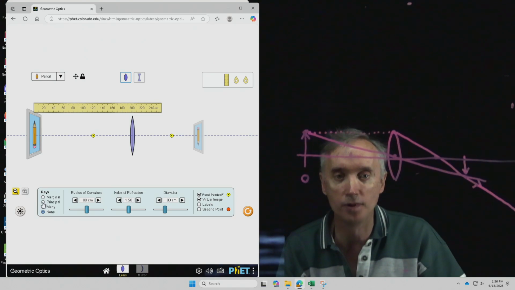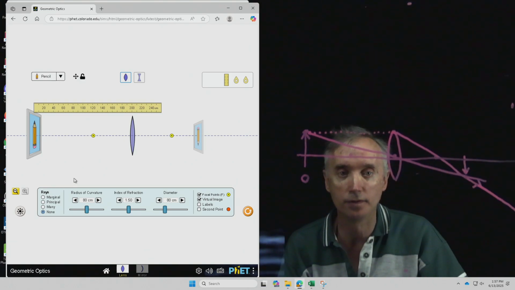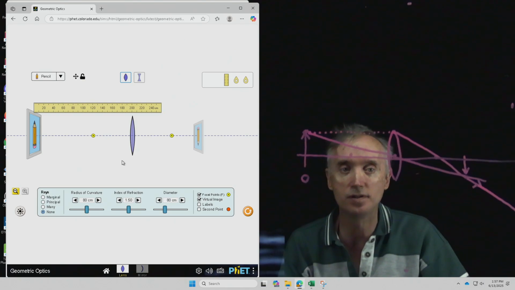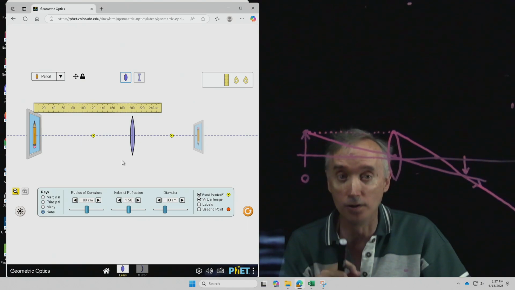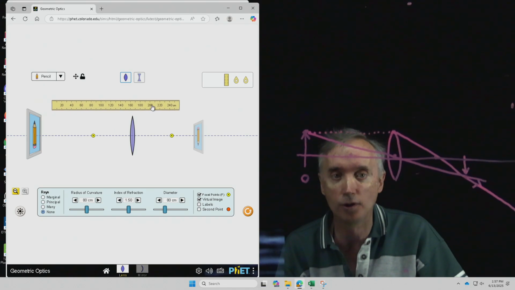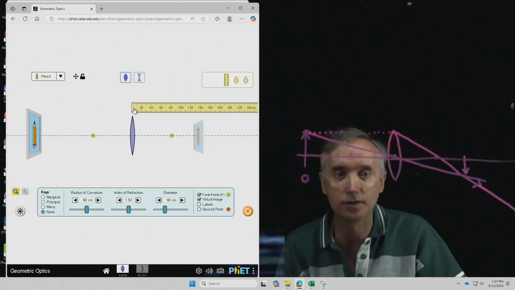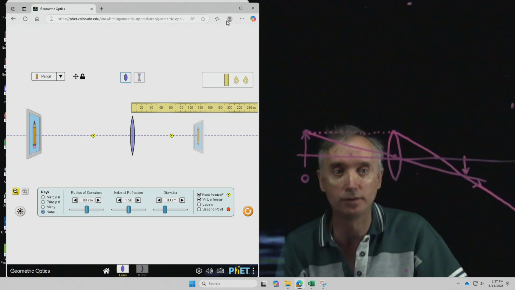Click on this one, Principle, and it will put up the 3 lines on this simulation, and you can see if you got it right or not. So I will let you do that. Also, I need for you to take the ruler and put the ruler over here, and measure the distance from the lens to the image using the ruler, and that will be in centimeters.